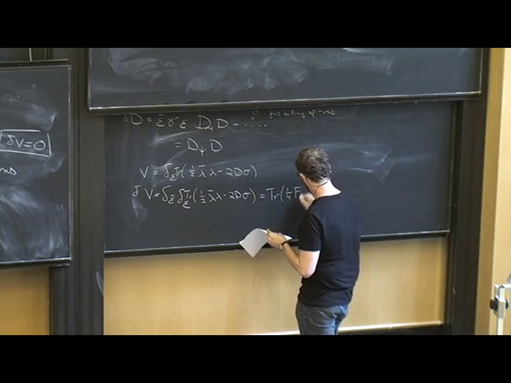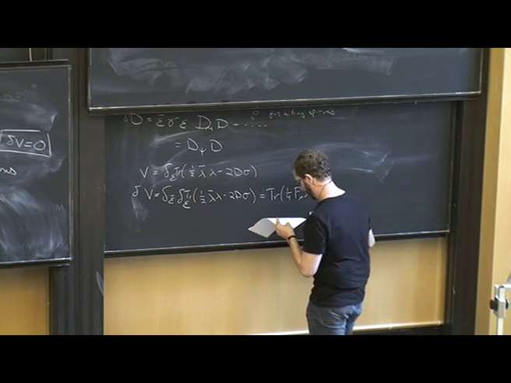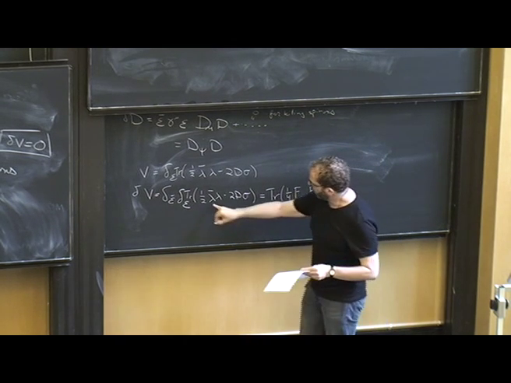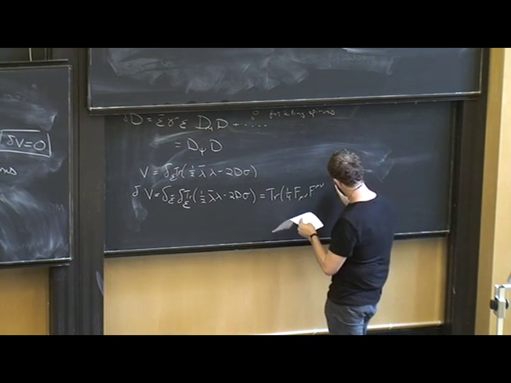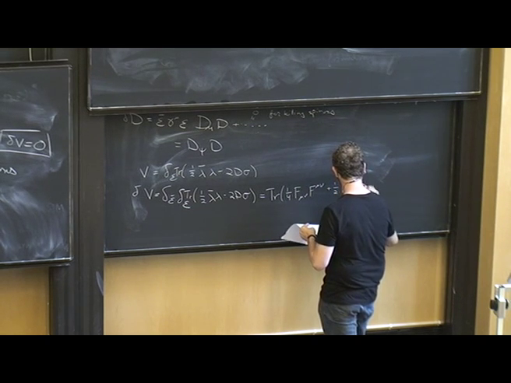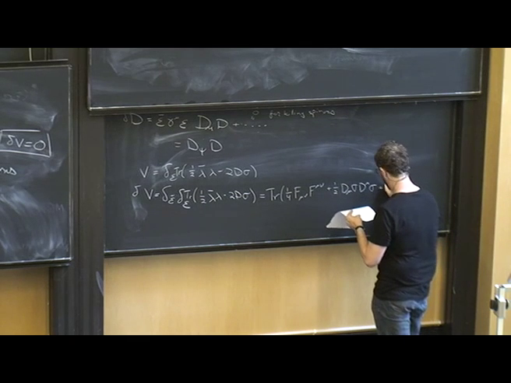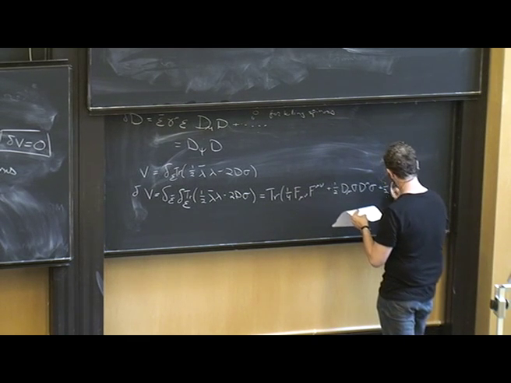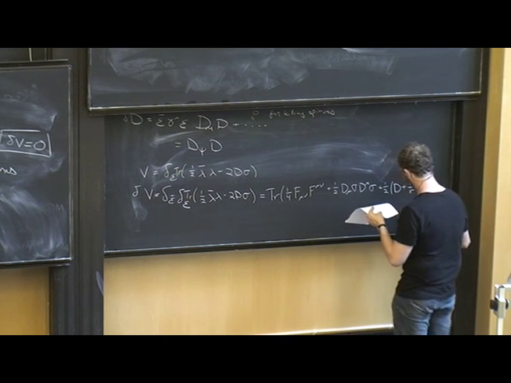this is equal to 1/4 F mu nu, because delta of lambda gives you F mu nu, for example, plus 1/2 D mu sigma plus 1/2 D plus sigma over r squared.